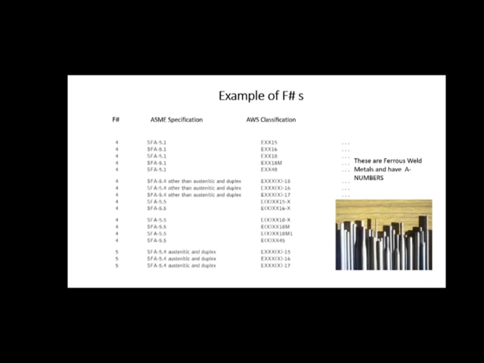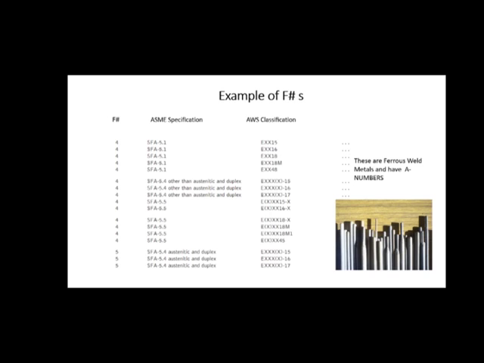It all falls into the F4 category. So if we qualify a weld procedure with an F4 filler material and the A number matches up for ferrous weld metals, then we can use anything with that F number and A number. The reason that they break this out is there's a lot of different chemical compositions on the weld metal that's deposited. You might have an F number 4 and an A number 6.